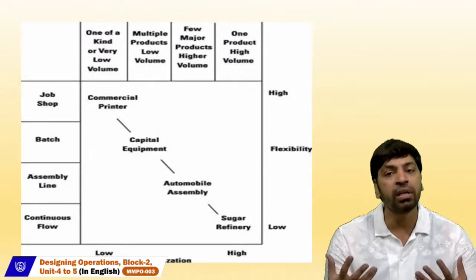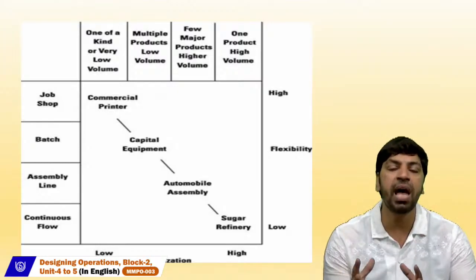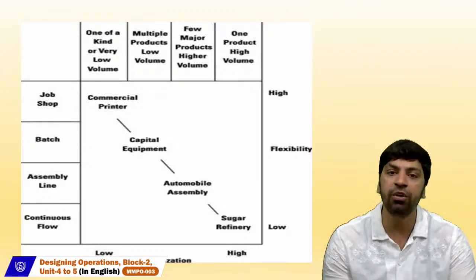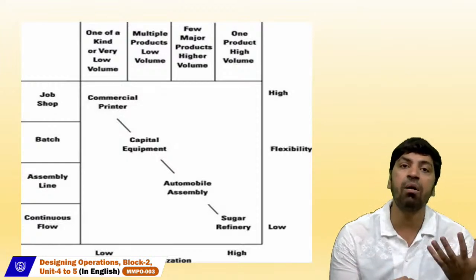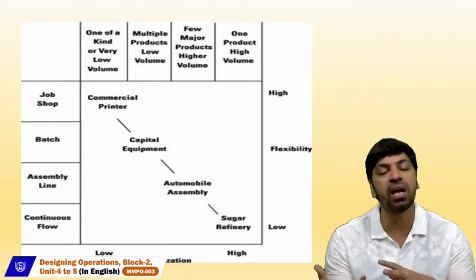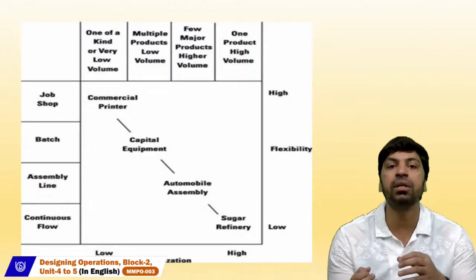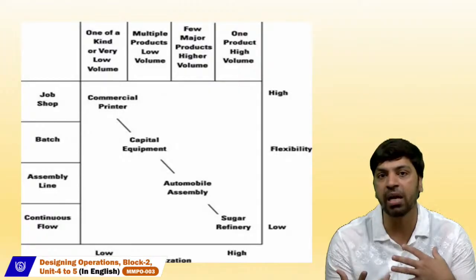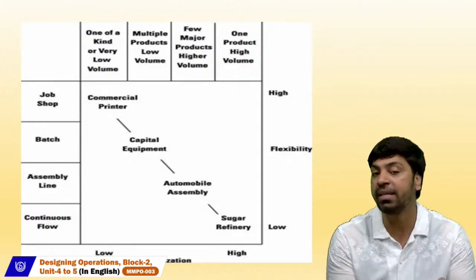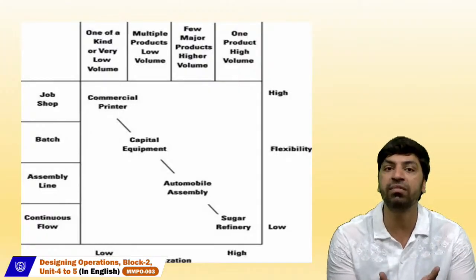So if we are talking about one product with a high volume, it is a high specification. If you're talking about one product at one time production, it is a low specification. Same for multiple products where low volume exists, it is a low specification.